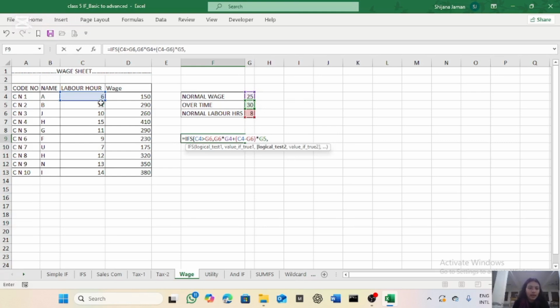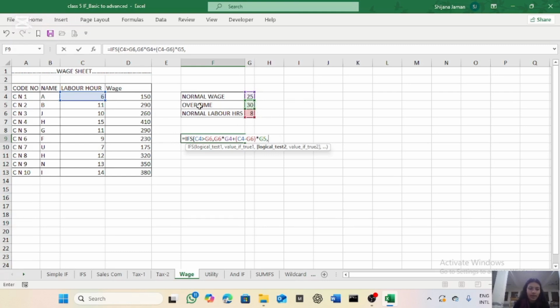So if our labor hour 6 is greater than our normal labor hour 8, we will get an extra time, which is normal labor hour subtracted from labor hour, and which will multiply with our overtime.